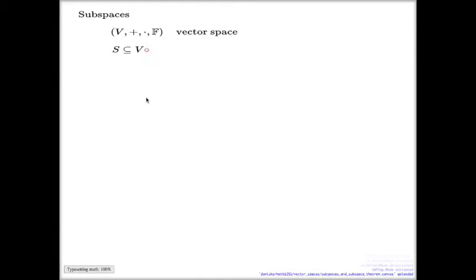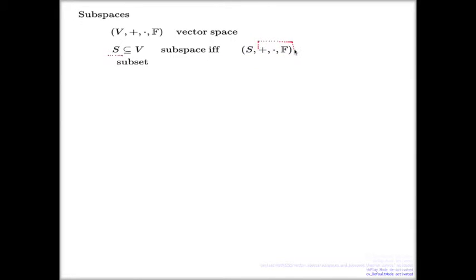Subspace: in order to identify or define a subspace, we start off with some subset within this vector space. You read this symbol as a subset. You call this subset a subspace, and that's the difference, if and only if you build a new quadruple where you replace your original vector space with this subset S, and you borrow the rest of the elements of the quadruple, you just take them literally.